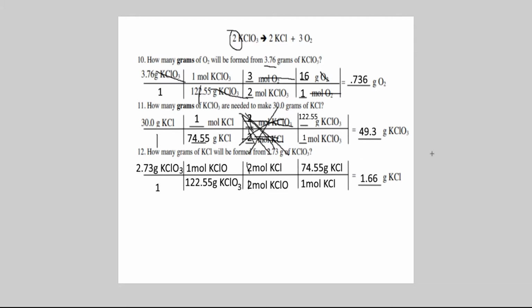Now remember, if you get something else, it's because you didn't go to the third significant figure. So, you take this number and multiply it across, and since these two are 2's, you don't have to worry about them. So you just take this number, multiply by this number, and then divide the result by 122.55. Then you will get this number.